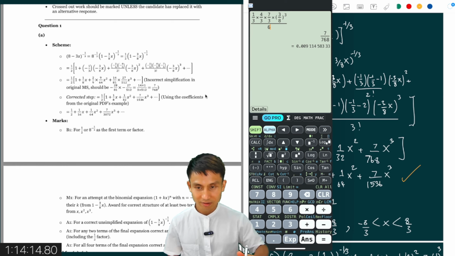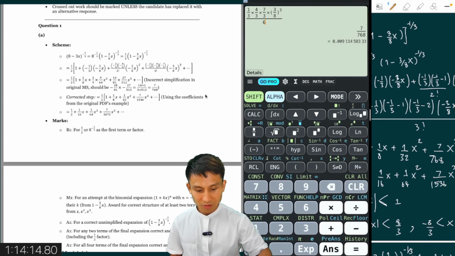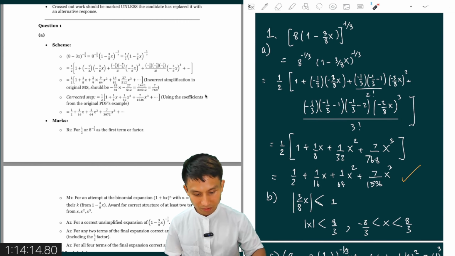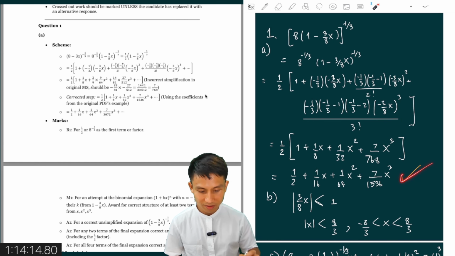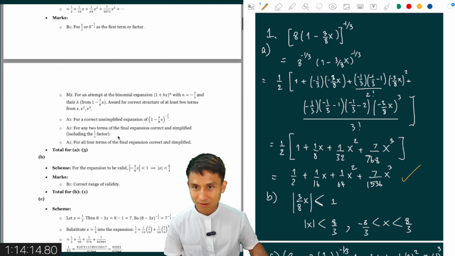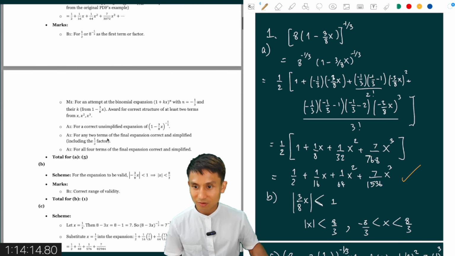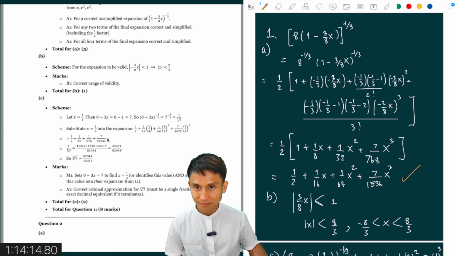Yeah, I'm right. So that's 7 over 768, but then you have the power of a fraction of 2 multiplied in, so that becomes that. So this should be right. I don't know about this 7 over, that should be wrong. Yeah, that's not right. For sure. Okay, so I think I got everything there.